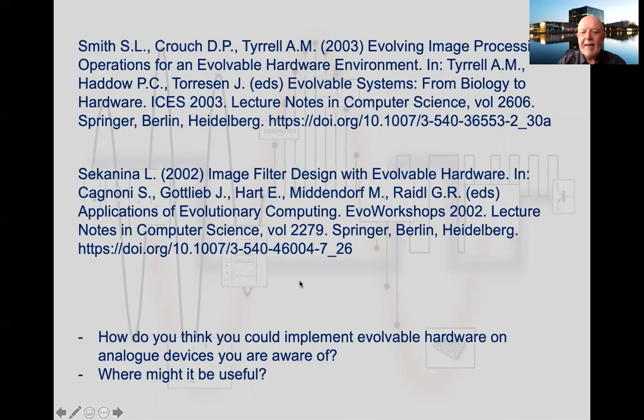We've looked at digital devices and how evolvable hardware might work, but what sort of analog devices are you aware of that you think could be suitable for evolvable hardware? If you can't think of any, then what functionality might we need to do it on analog? And the second thing to think about before the next lecture is, how might that be useful in analog devices?